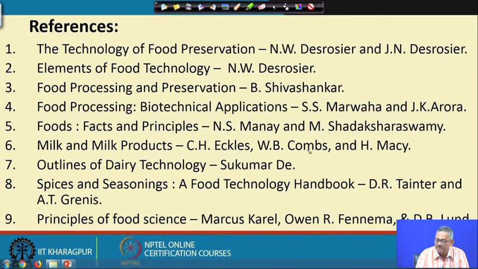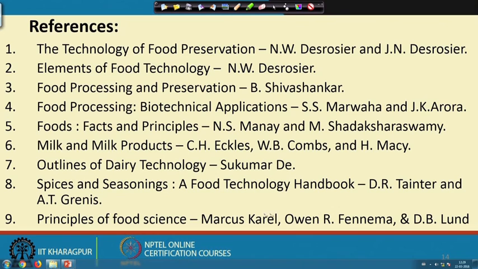Eccles, W.B. Combs and H. Mackey, Outlines of Dairy Technology by Sukumar De, another Indian writer, Spices and Seasonings, a Food Technology Handbook by D.R. Tenter and A.G. Grenis, and what I normally follow and like very much, that is Principles of Food Science by Marcus Karel, Owen R. Fennema and B.D. Lund.